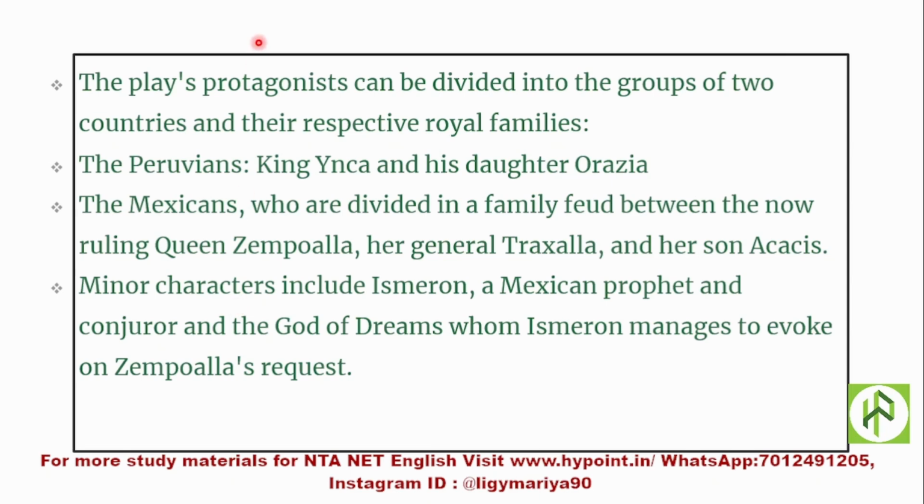The play's characters can be divided into the groups of two countries and their respective royal families, because many actions are happening in Peru and also Mexico. First are the Peruvians: King Yanka and his daughter Orazia.